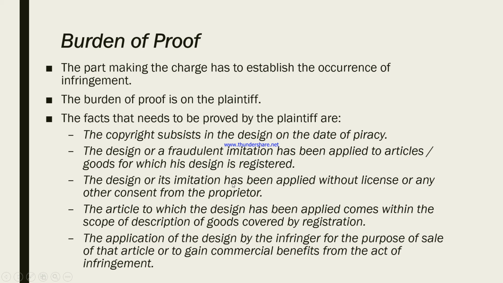The design or its imitation has been applied without license or any consent from the proprietor. The article to which the design has been applied comes within the scope of description of goods covered by the registration. The application of the design by the infringer is for the purpose of sale of the article or gain of commercial benefit from the act of infringement. So if he can prove all this, he can prove that there is piracy.